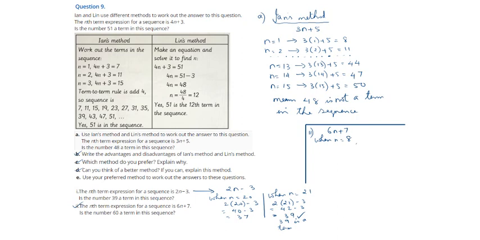So this becomes 6 into 8 plus 7. This is equal to 48 plus 7, which is equal to 55.